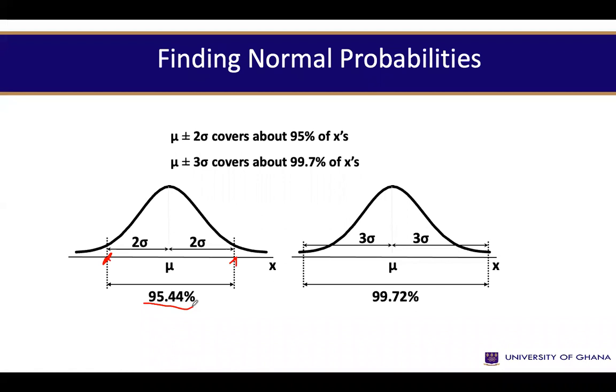If we extend, that means you are covering more and more of the data, right? So if we move three standard deviations to the left and then three standard deviations to the right, we are occupying about 99.72% of the data. So the more standard deviations we move towards the left and towards the right of the mean, the more we capture the data and the information under the curve.